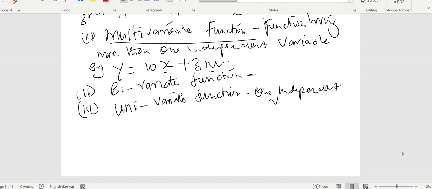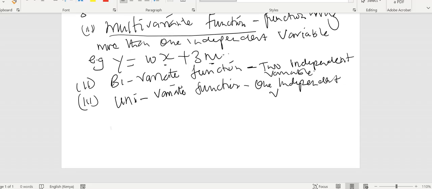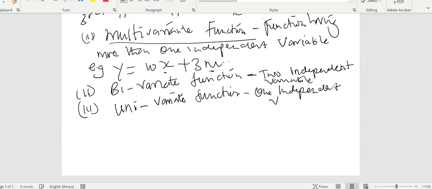This one, the bivariate, we said it has two independent variables. Remember that. Good.